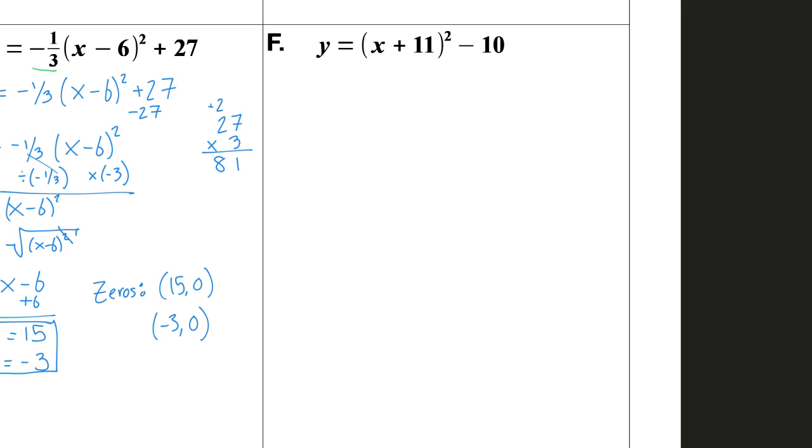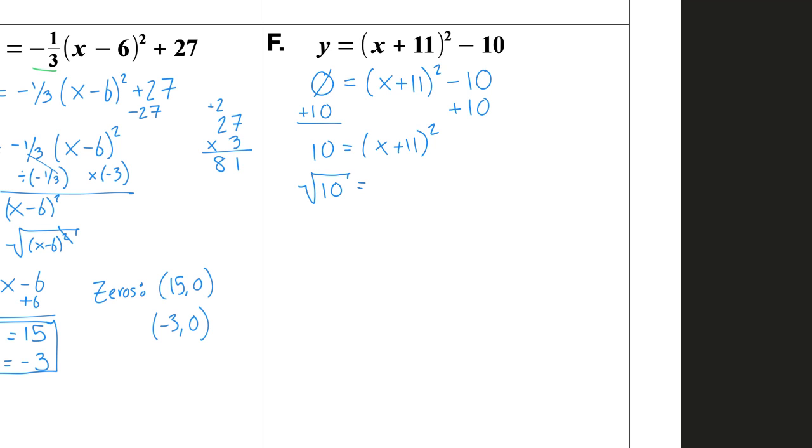Here is example F. We're going to go through our normal process, set it to 0, and undo everything. So here we would add 10 to both sides. We'd get 10 equals (x plus 11) squared. Your brain might be starting to say, whoa, wait a minute, something's not quite right here.